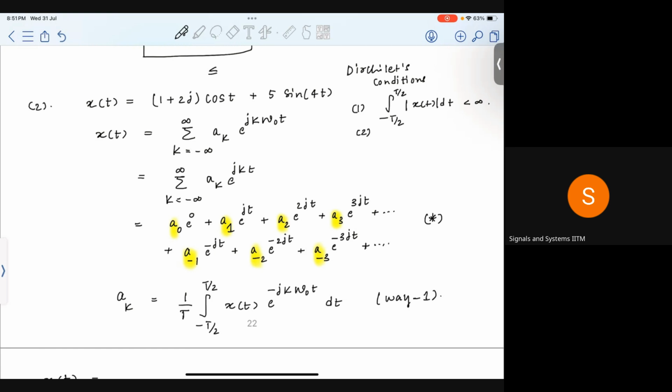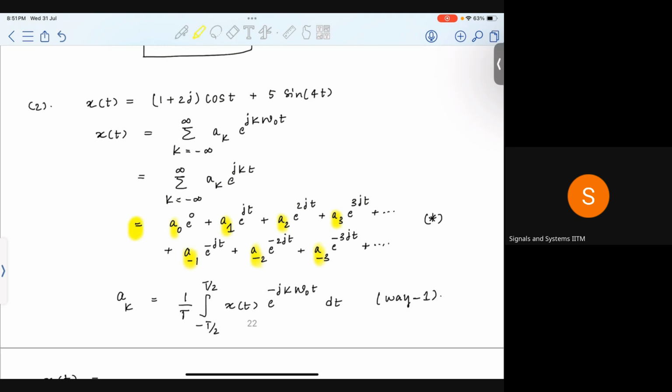You can upper bound it using cos t by 1 and sin t by 1, so there are only a finite number of maxima and minima. Also within a period it has no discontinuities at all. So the Dirichlet conditions are obeyed. Hence, this has a valid Fourier series representation, and the given signal can be represented like this.